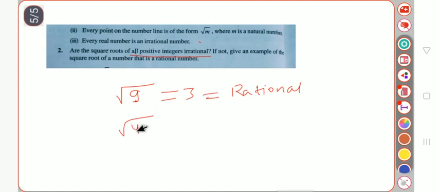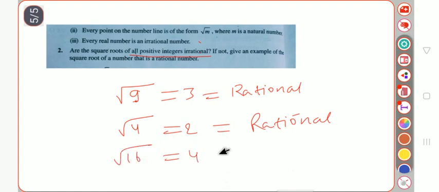There are many more examples. Take 4. 4 is also a positive integer. The square root of 4 is 2, which is also a rational number. Now you can take many more examples. 16, square root is 4, also rational. It is asking for only one example, and I have given 3 examples. You can take root 25.